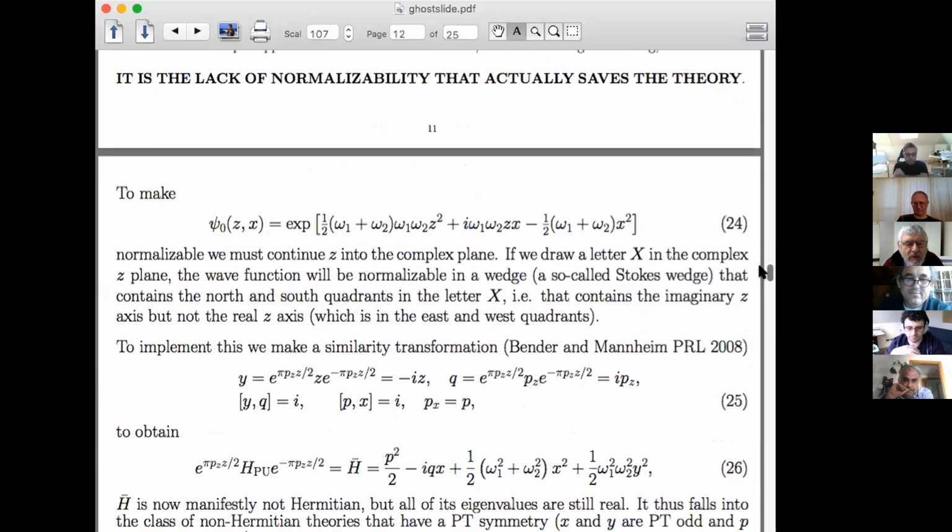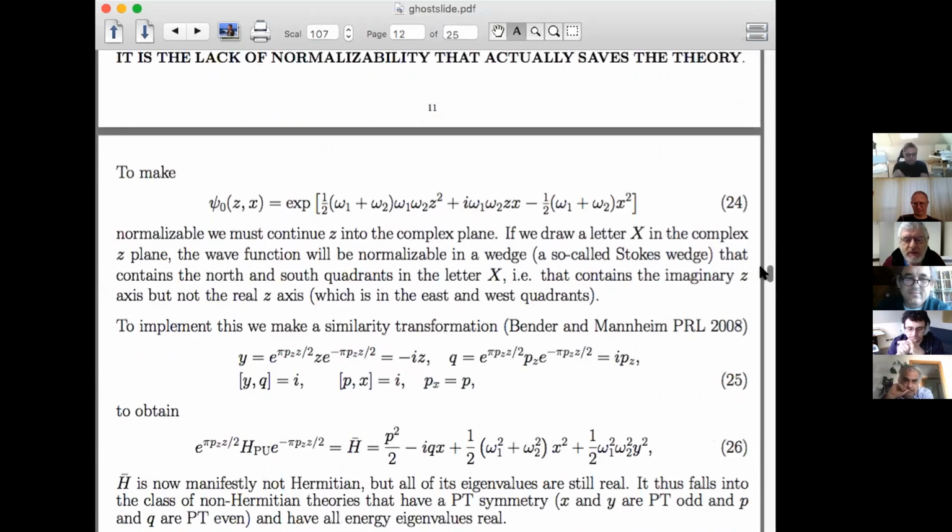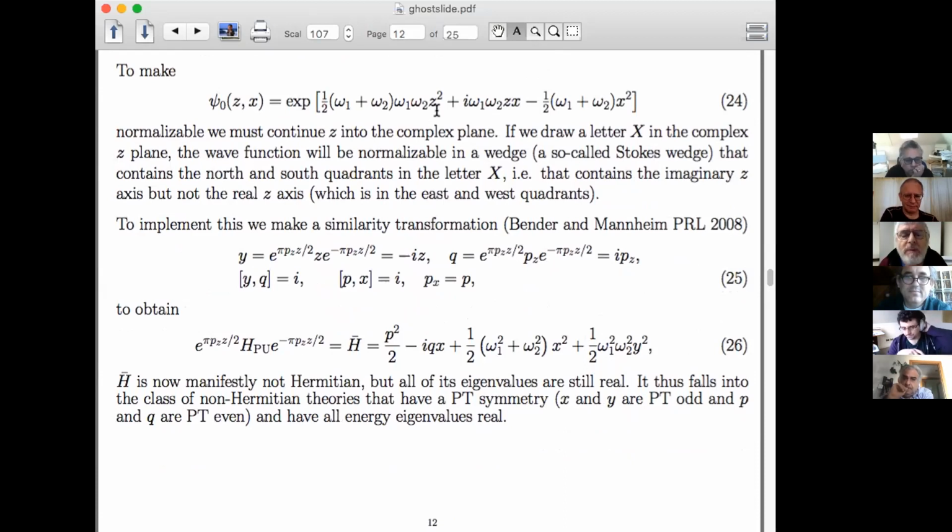Namely, we have this wave function, I just gave it to you a moment ago. It diverges. How could we make it converge? Continue z into the complex plane. If you consider the letter x in the complex z plane, the wave function is normalizable in a wedge that contains the north and the south quadrants of the letter x. This is a so-called Stokes wedge, namely the one that contains the imaginary z-axis, but not the real z-axis, because the real z-axis would be in the east and the west quadrants.